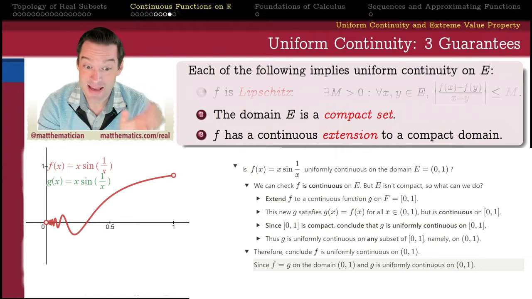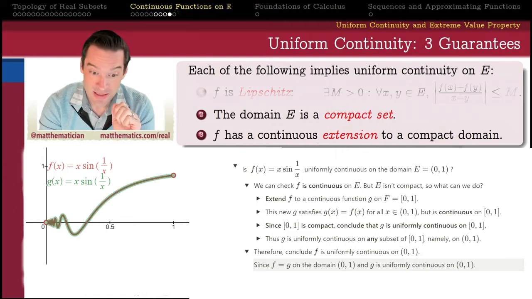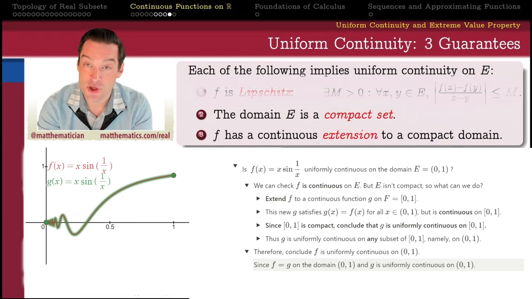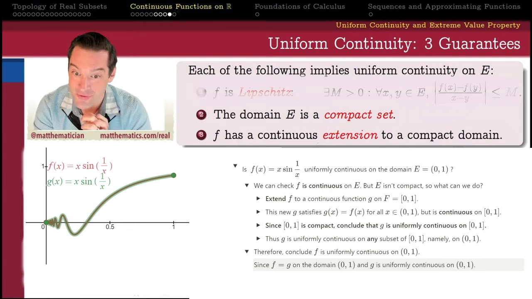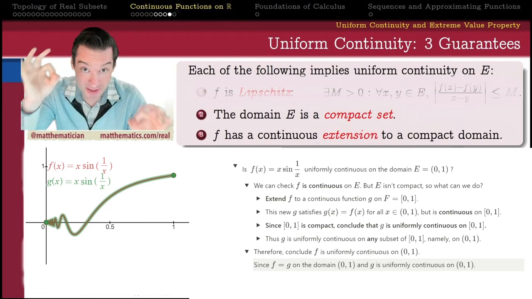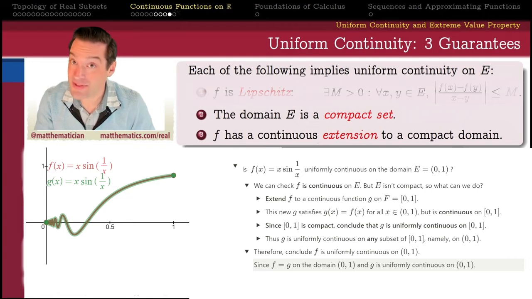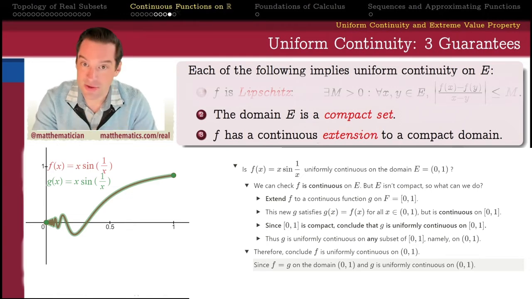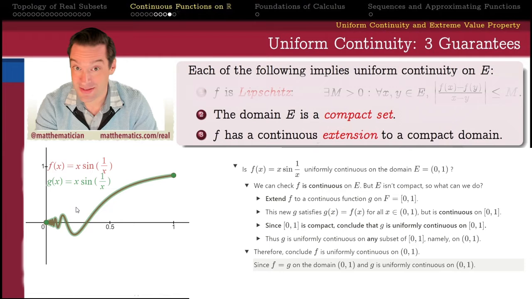If I can extend my original function in a continuous fashion to a domain which is compact, for example, by filling in the missing values at the left and right hand endpoints, then we can guarantee that the original function was uniformly continuous on its original domain.